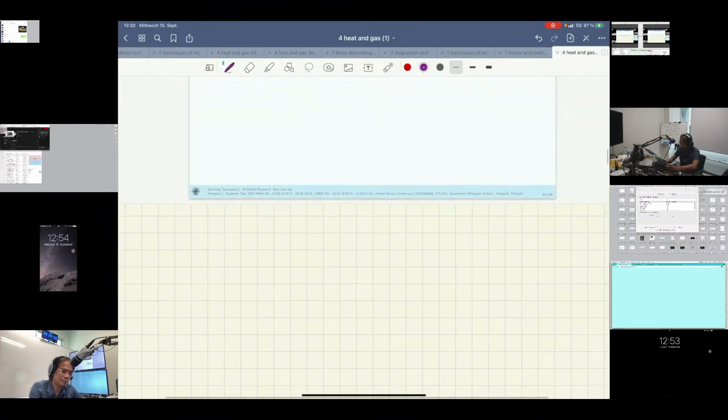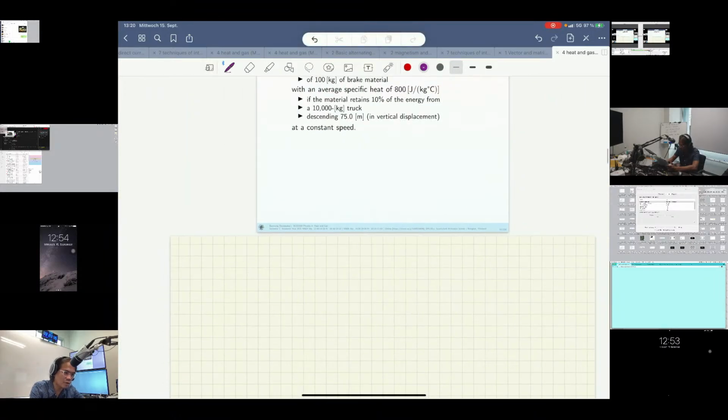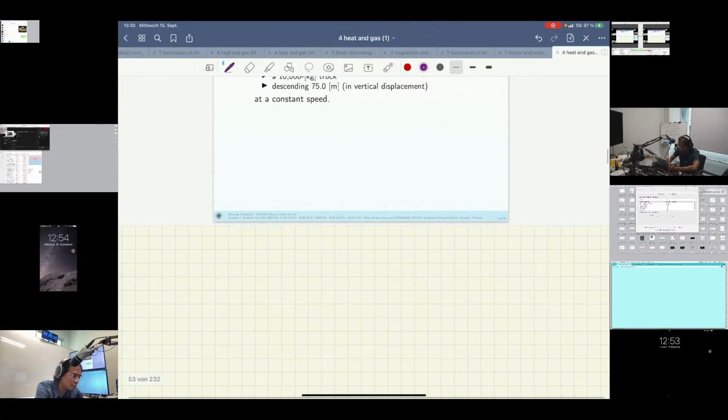We start from the basic formula Q = mcΔT, and what we want to know is ΔT, which is going to be Q over mc.